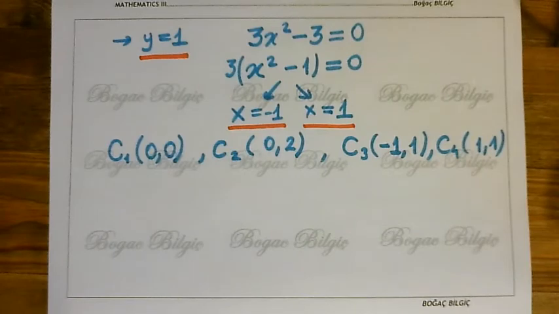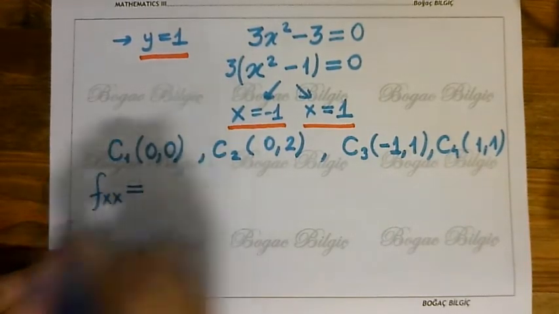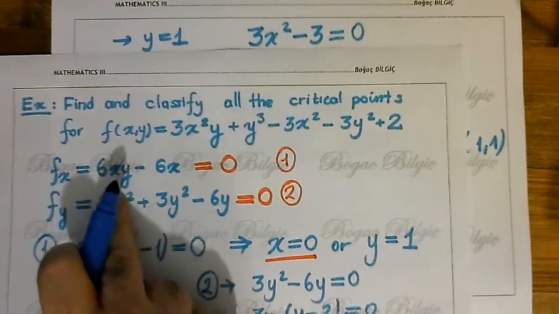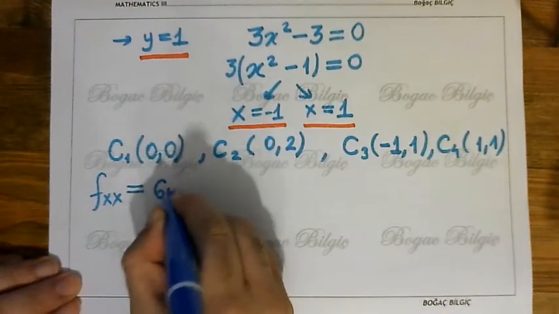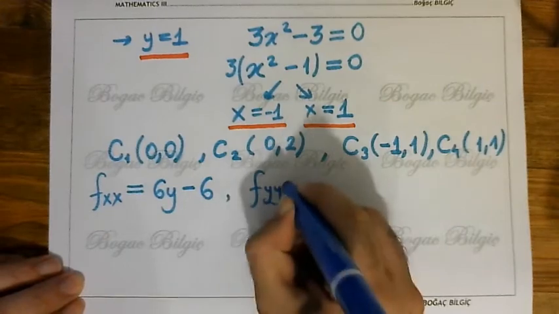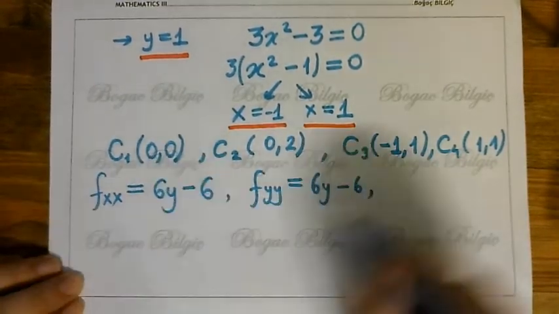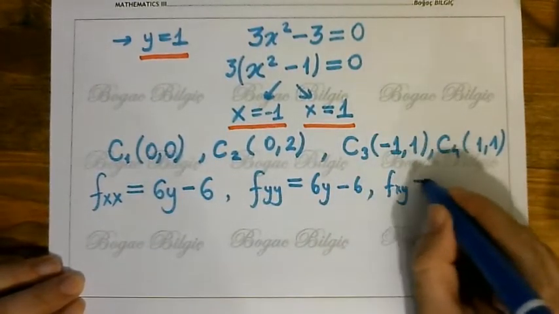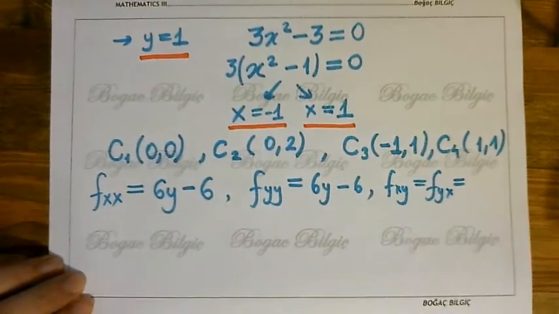We begin by computing second order partial derivatives. fxx, from fx, is 6y minus 6. fyy is equal to 6y minus 6. fxy is equal to, according to Schwarz theorem, fyx, and is equal to 6x.